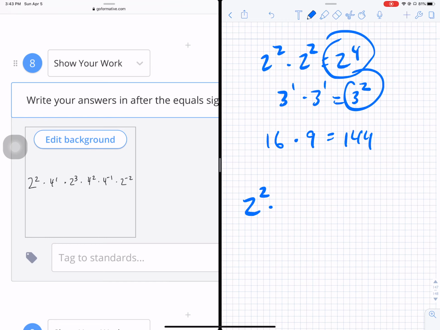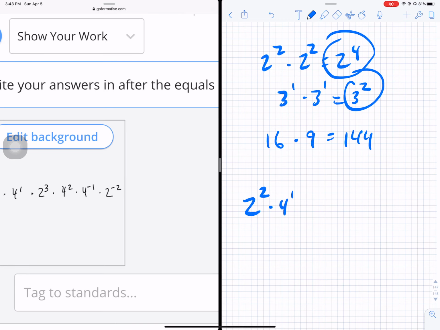2 squared and 4. 2 third, 4 squared times 4 negative 1 times 2 negative 2. So like I said, the ones I put in orange go together, so I want to do those first.